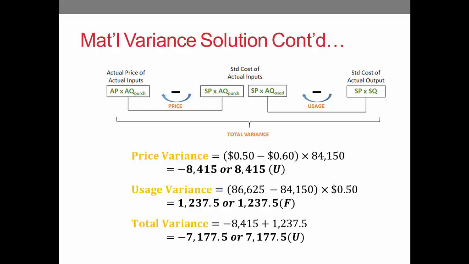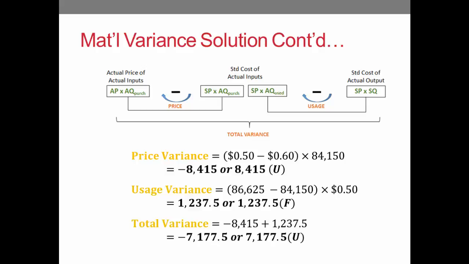And that makes sense, right? Because we budgeted paying 50 cents, but we really paid 60 cents. So that's not going to make us happy. That's unfavorable.